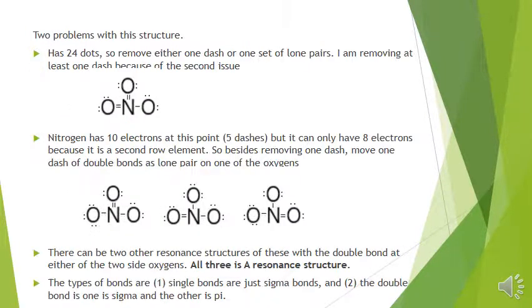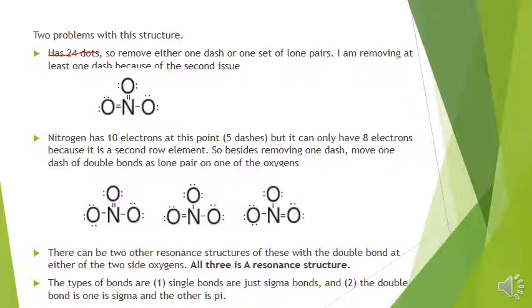There are two problems with this structure. It has 24 dots, so we have to remove 2. What 2 electrons are we going to remove? One of the problems is that nitrogen is a second row element, and it can only have 8 electrons.